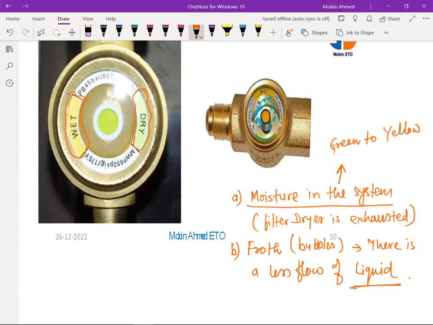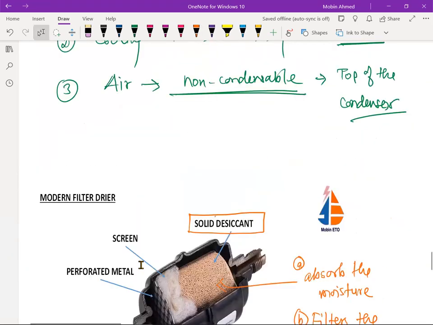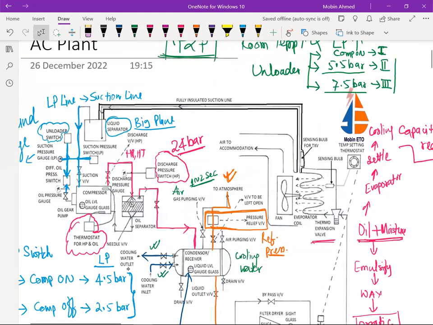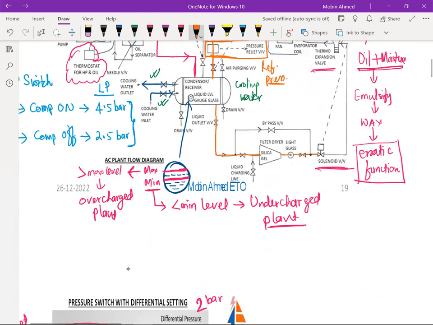Now, if there is a less flow of liquid, there may be many reasons. It is not only one reason. Why is the less flow there? There are many reasons. If we see this diagram here, again coming back, if you are going to get bubbles or froth here, there could be many reasons. One reason is that your filter dryer is choked.